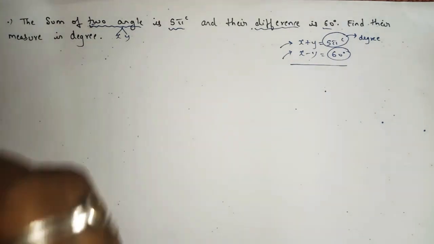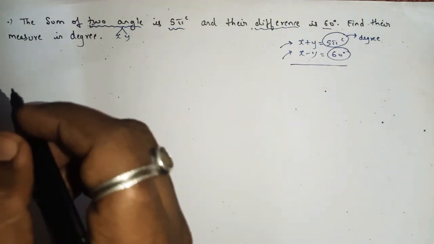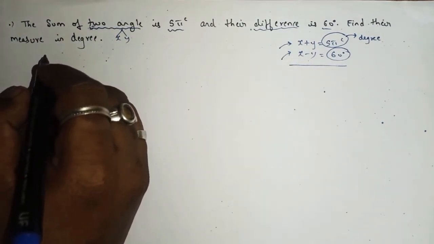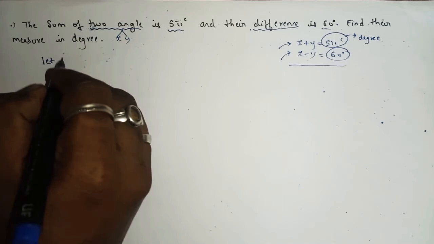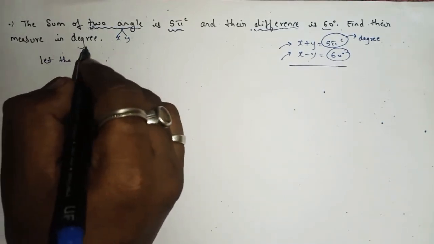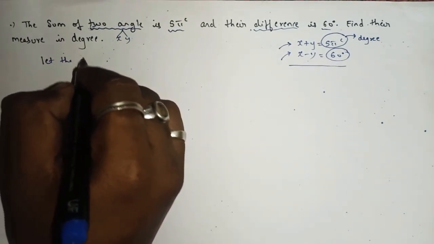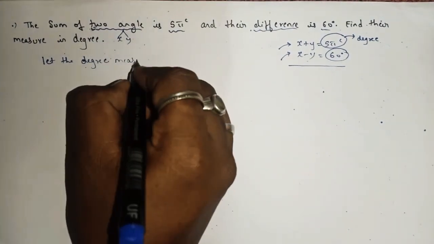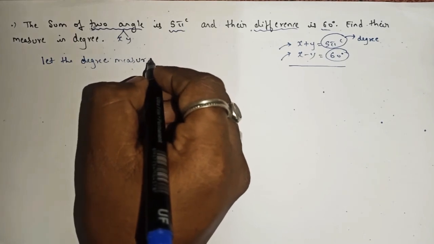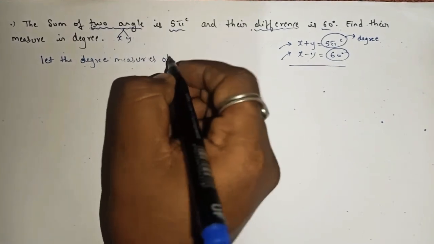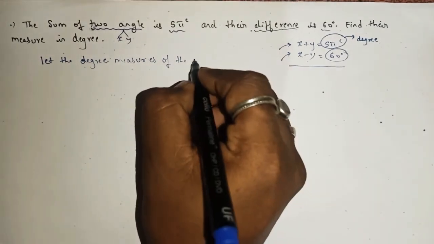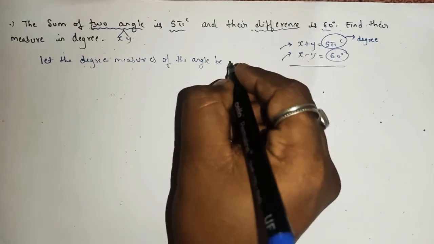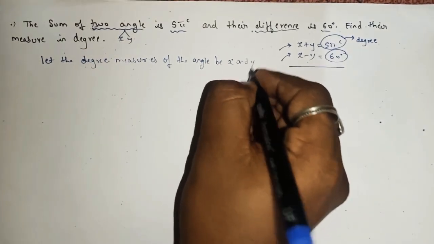So let's start with the sum now. First we'll write: as we have to find the measures in degree, let the degree measure of the angles be x and y.